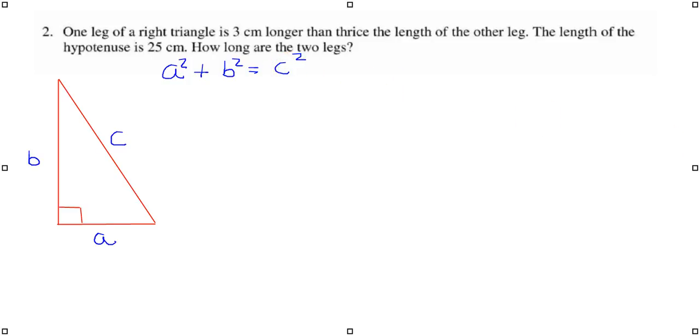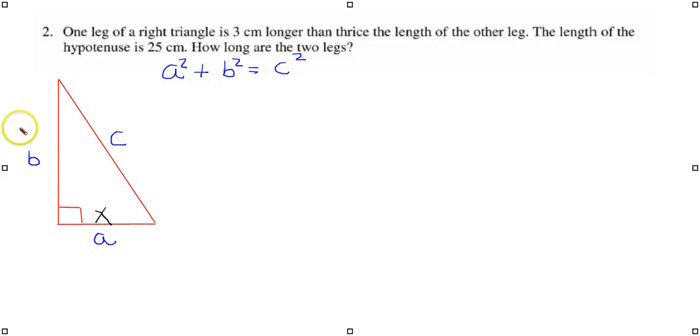Okay, let's use black just to change colors here. It says one leg of the right triangle is 3 centimeters longer than trice, which is 3 times the length of the other leg. So we're going to call this leg here, the short leg, we'll call that x.